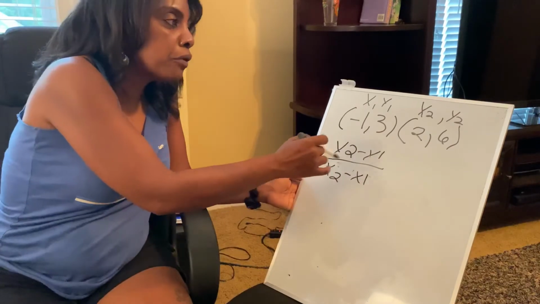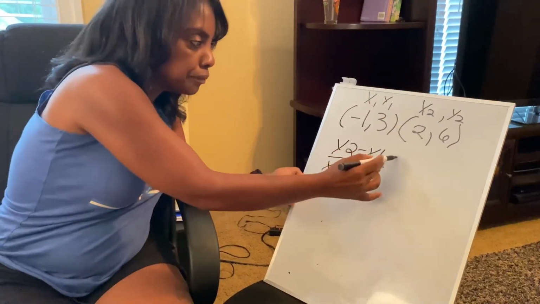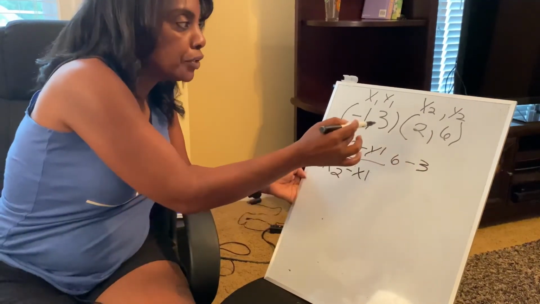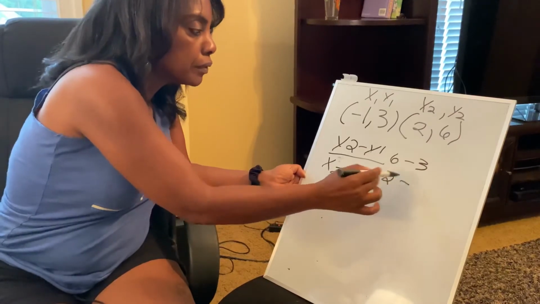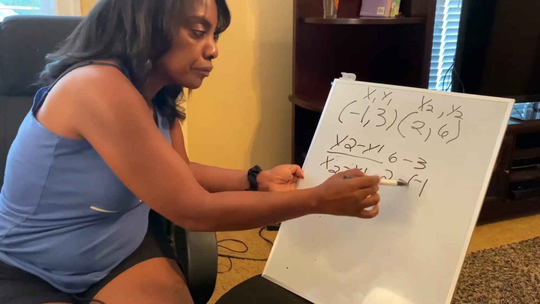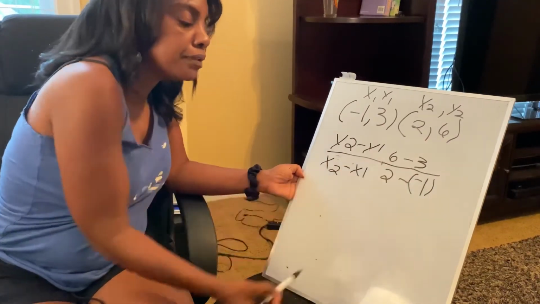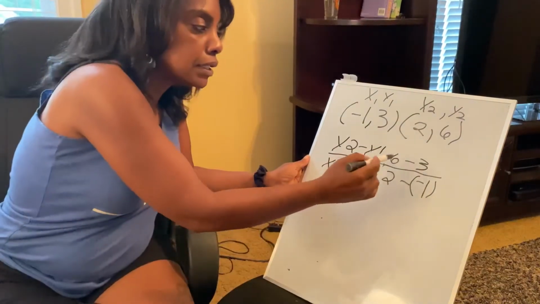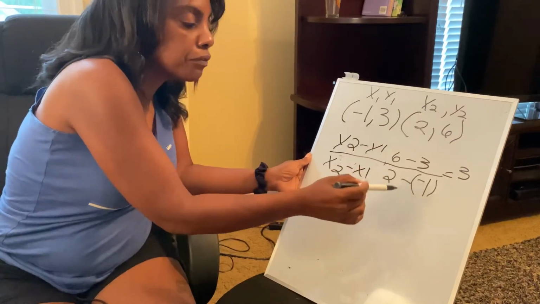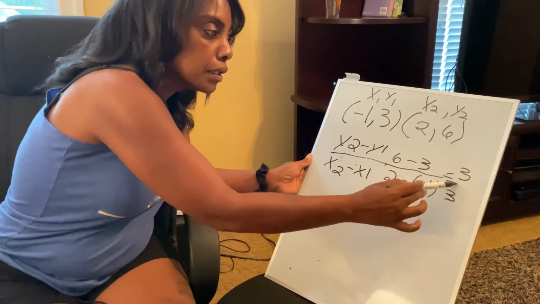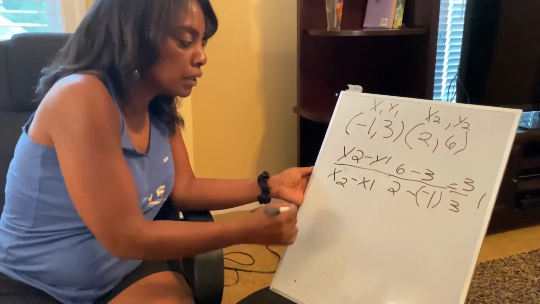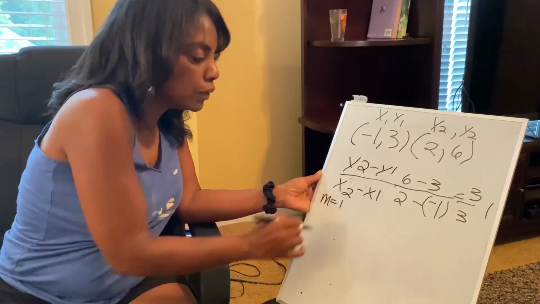So we know that y2 is 6, y1 is 3, x2 is 2, and x1 is -1. Now we need to evaluate the equation. 6 minus 3 is 3. 2 minus a negative 1 is also 3. And that's reduced to 1. So the slope of the line is m equals 1.